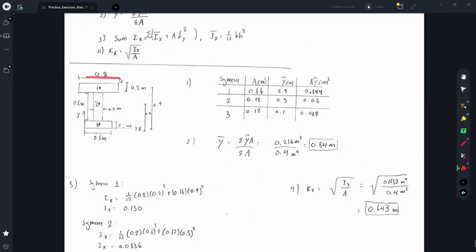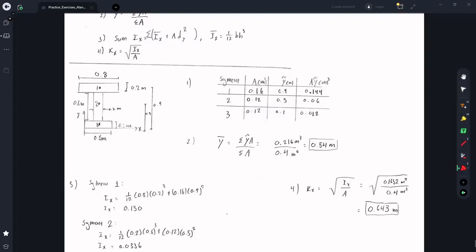So this first one is 0.8 by 0.2, which is 0.16 meters squared. For segment 1 up here, its centroid is 0.9 meters away. Segment 2 in the middle is 0.6 by 0.2, so an area of 0.12, and its centroid is 0.5 meters away.